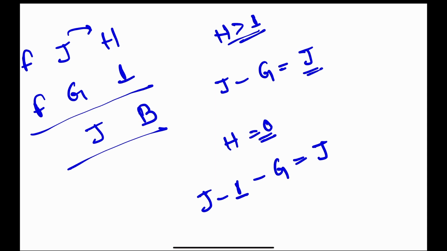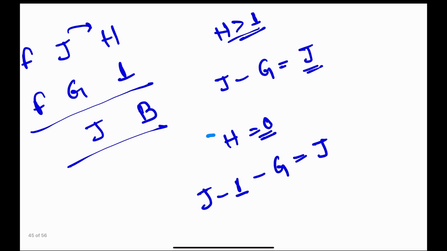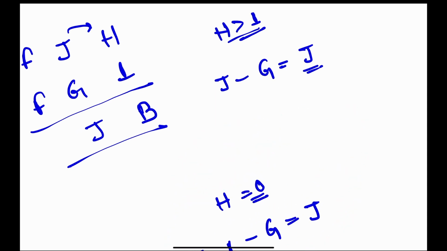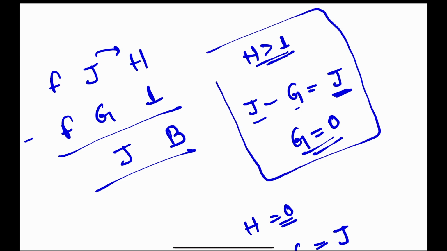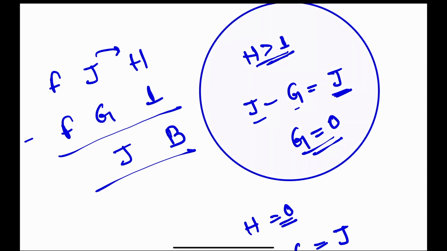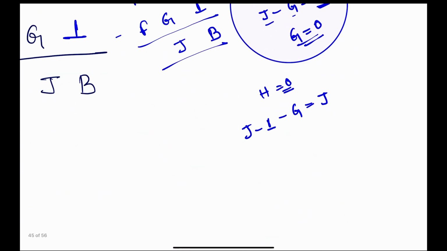So there are two conditions. In the first, when I said H is greater than 1, in that case J minus G equals J. If this is so, will it not be G equals 0? Then the value of G is 0, right?